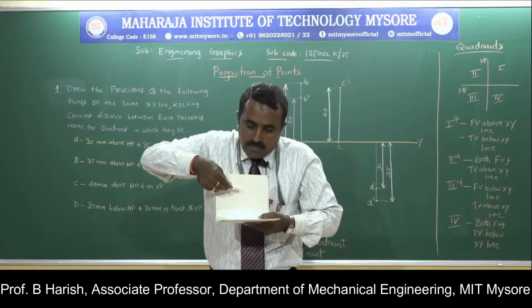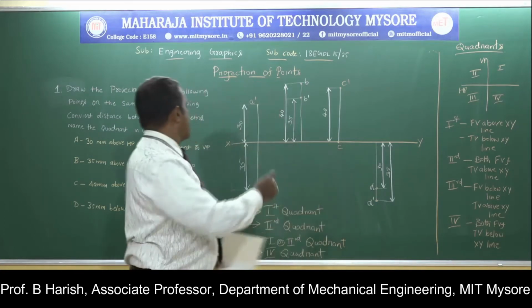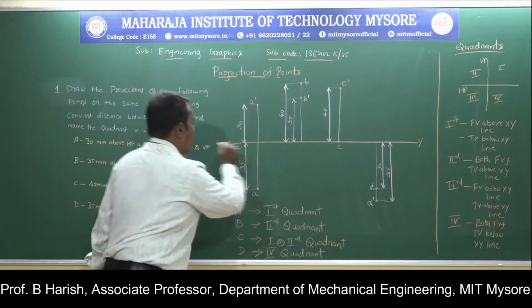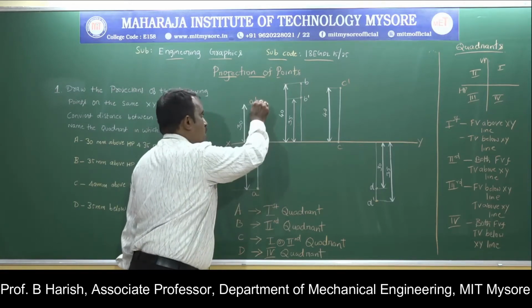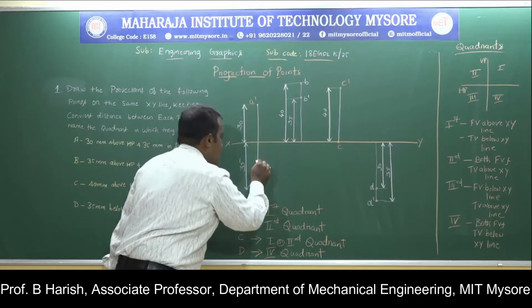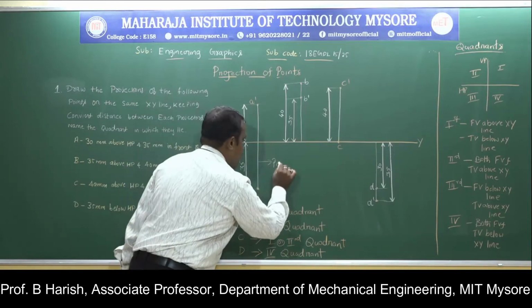Looking from the observer, that is projected here on the vertical plane. So that's what is done here. From xy line you measure a distance of 30 mm. Locate the point position here, then draw a projector. These are called projector lines.